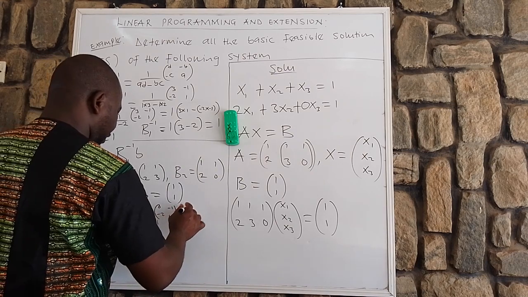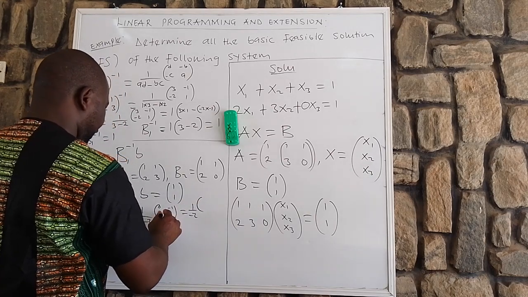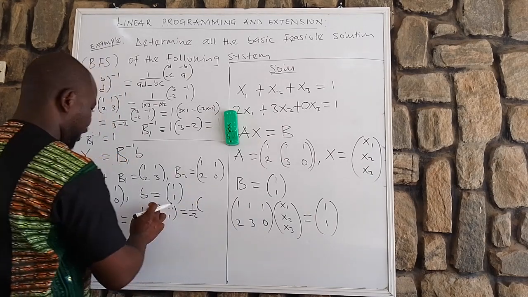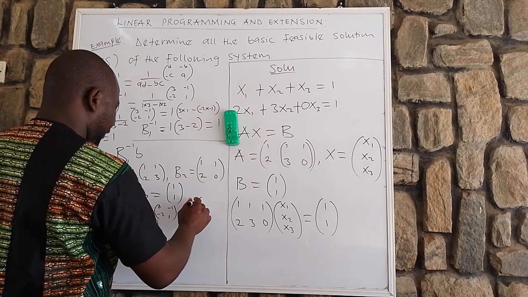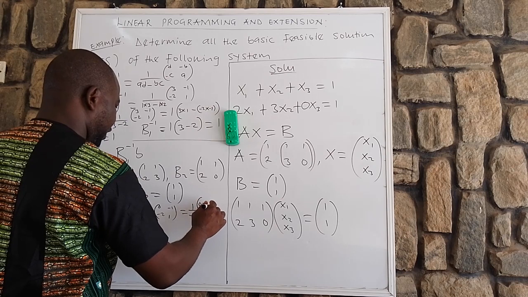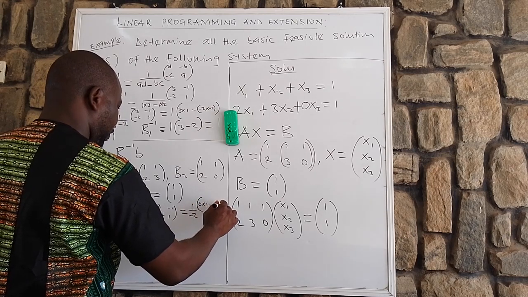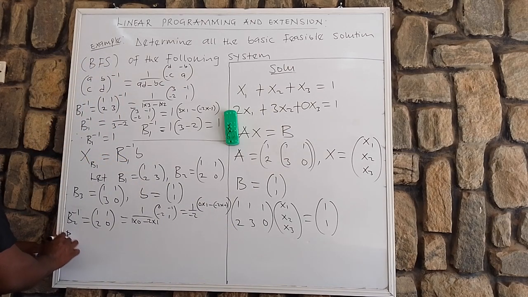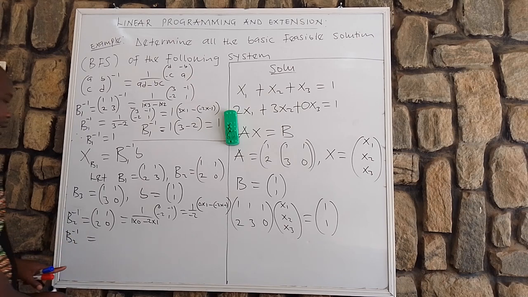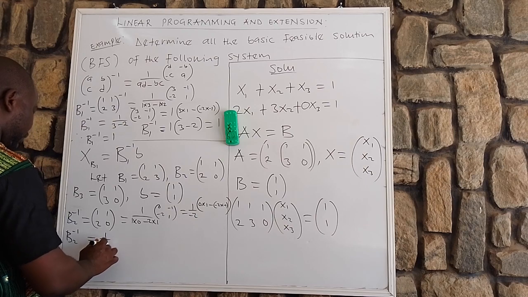So we are going to have 1 all over minus 2, open bracket, this one times 1 times 0 is 0, minus, okay, that is 0 times 1 minus, open bracket, minus 2 times minus 1, close bracket. So if you agree with me, our B2 inverse is now equals to 1 all over minus 2.